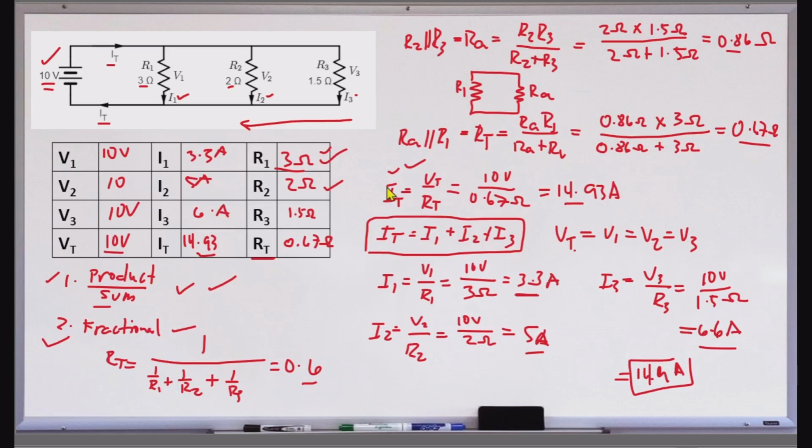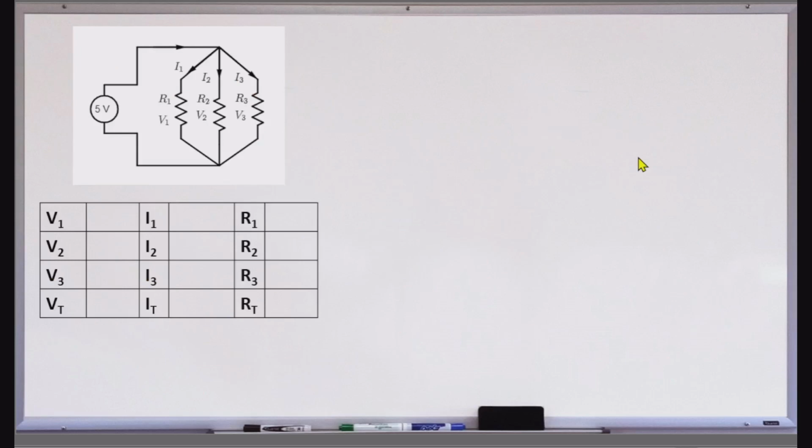Let me just clear this check to show that we were able to complete the chart by resolving what needed to be resolved. That's for the parallel circuit. Let's have another example here. You can see a similar concept with the parallel circuit.